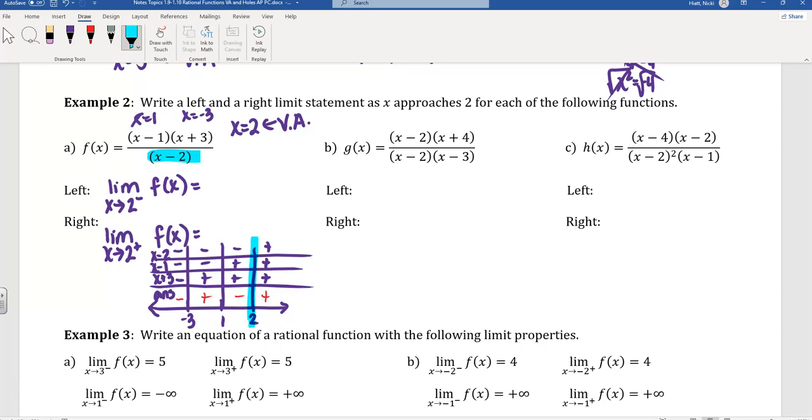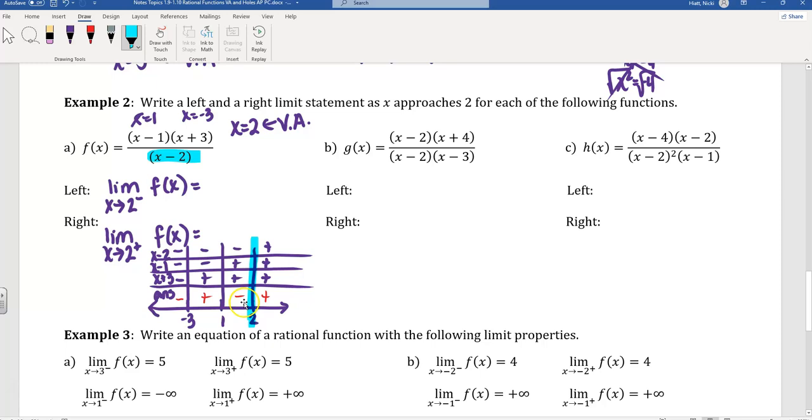On the left side, as we approach 2 from the left, is our graph going to go to positive or negative infinity? It's going to have to be negative infinity because the values there are negative, right? And you can't go to positive infinity if the values are negative. So when you know there's a vertical asymptote, the answer is infinity. It's not going to be a number, right?